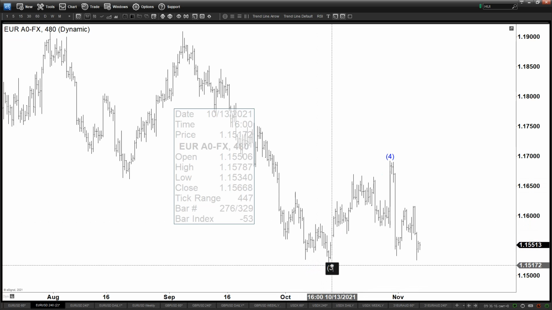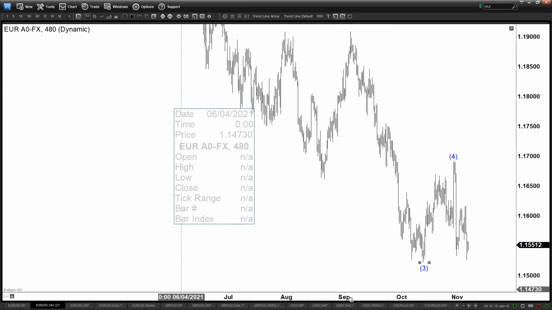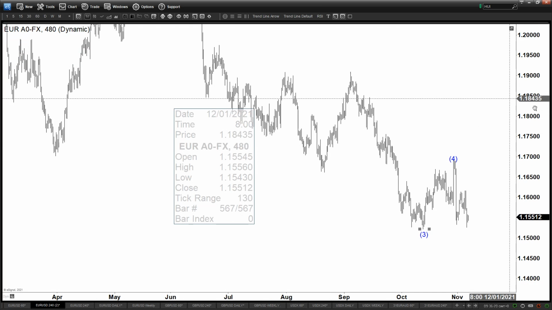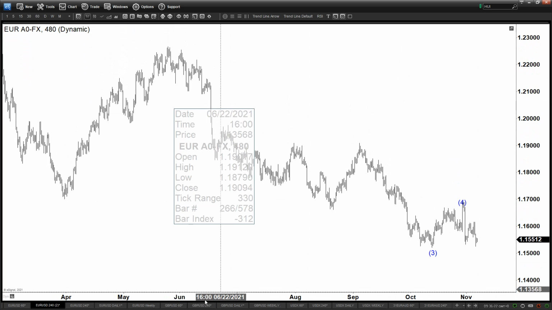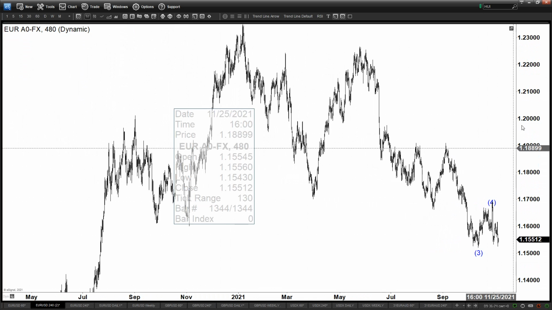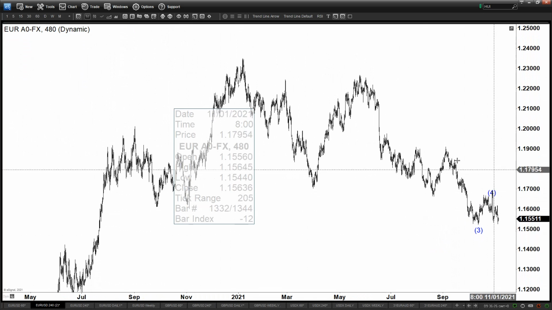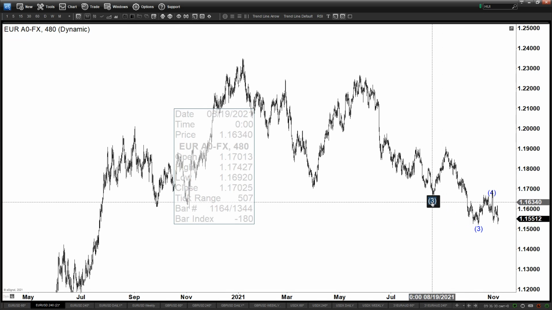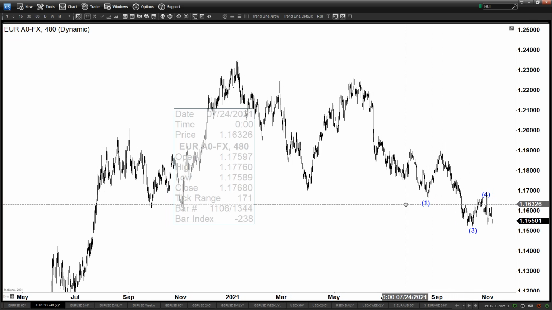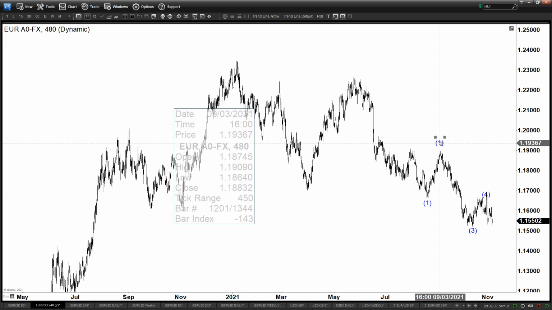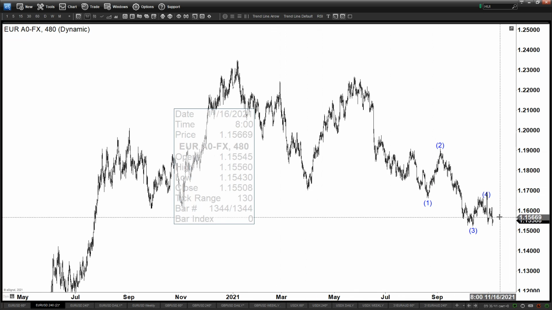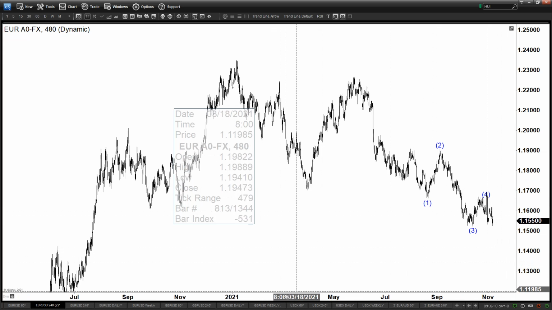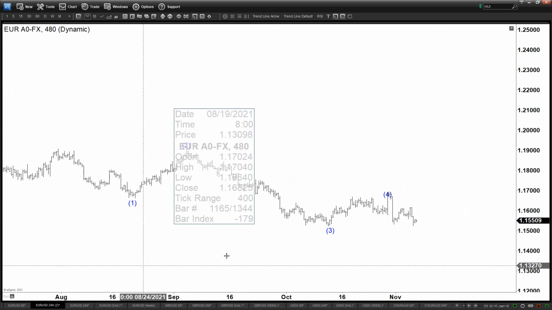Then somewhere here there has to be your 1 and 2, or something like this. Most likely it is your 1 and 2. Basically we are now within this wave 5.